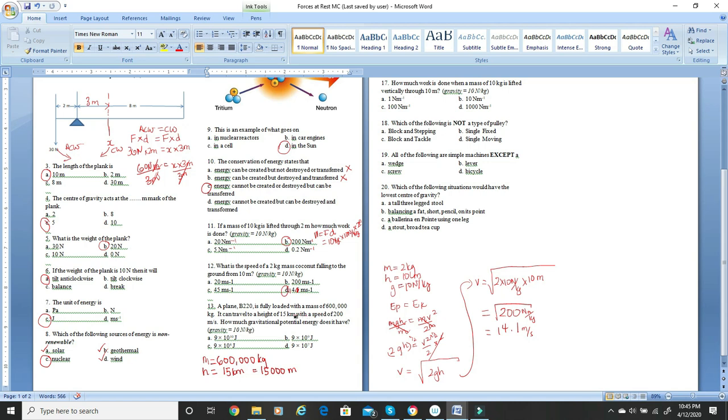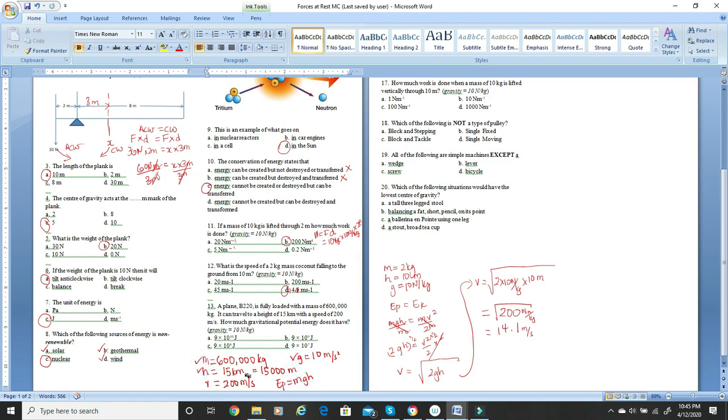And then we have speed, which is 200 meters per second. And you have gravity, which is 10 meters per second squared. So you could interchange it. And well, if EP is equal to mgh, we're just looking at this, this, and this.